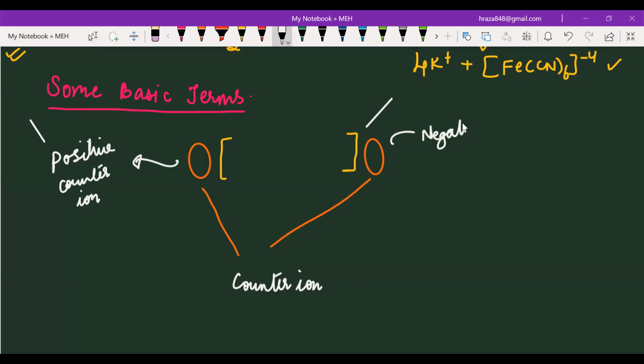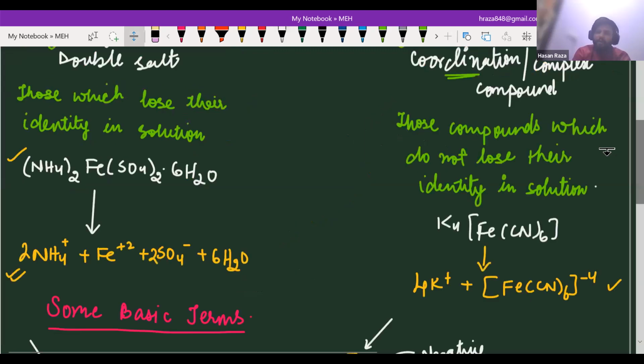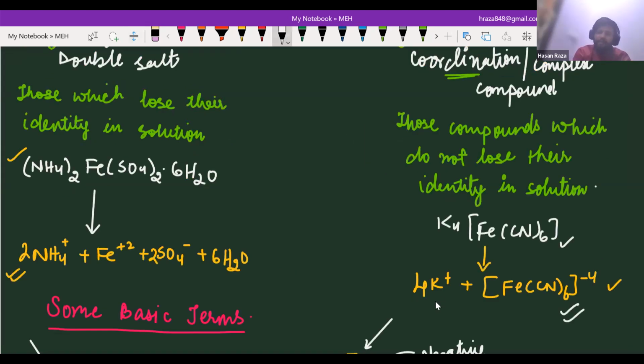So basically, this is your negative counter ion. When a positive charge comes on the square bracket, this negative counter ion comes and neutralizes it. As you can see in this complex compound, there is a negative charge, so the positive counter ion comes and neutralizes the compound. Are you getting my point?